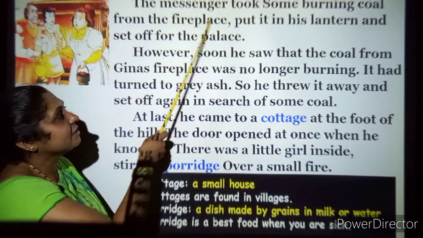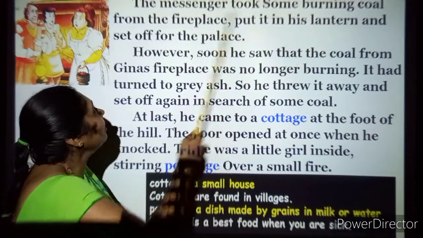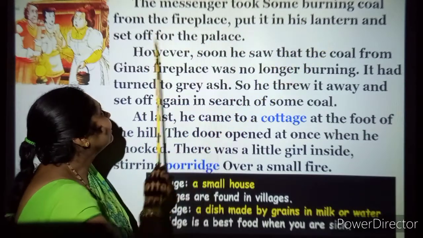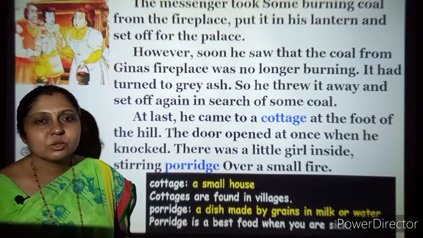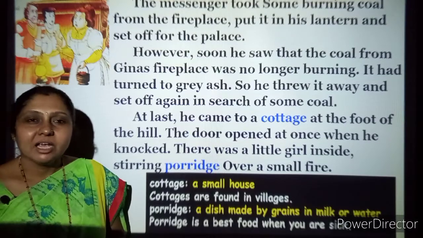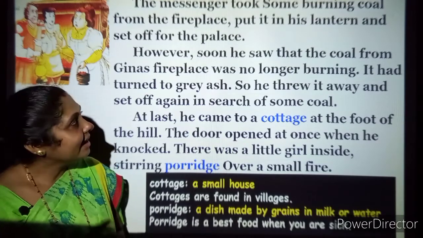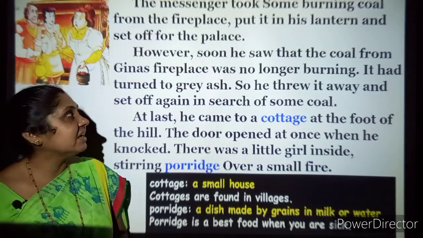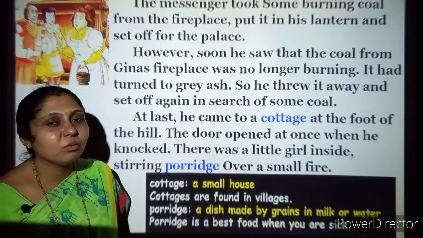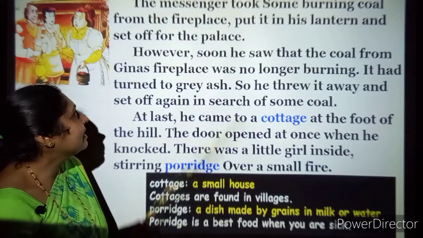The messenger took some burning coal from the fireplace, put it in his lantern and set off for the palace. So again he took the burning coal from that lady, put it into his lantern and started from that place. He started walking towards the palace.